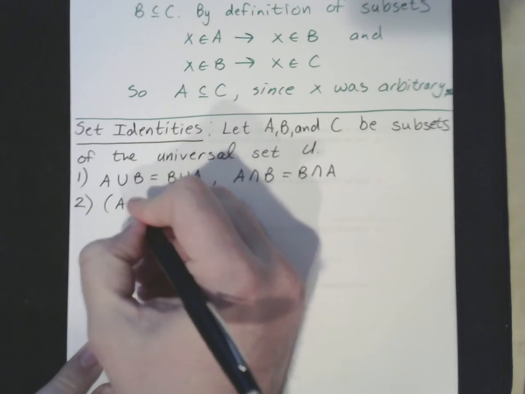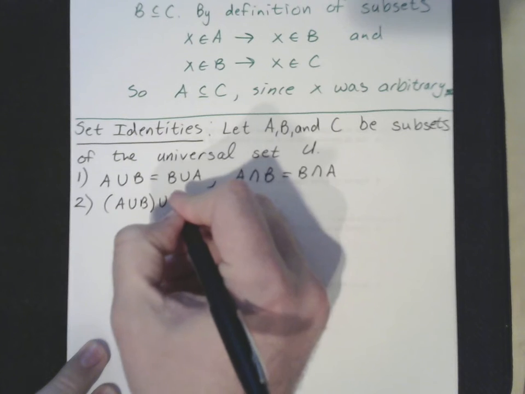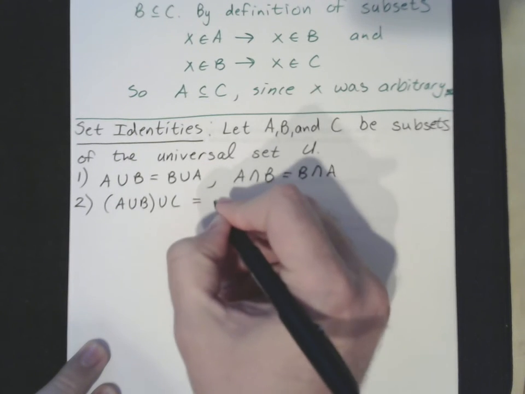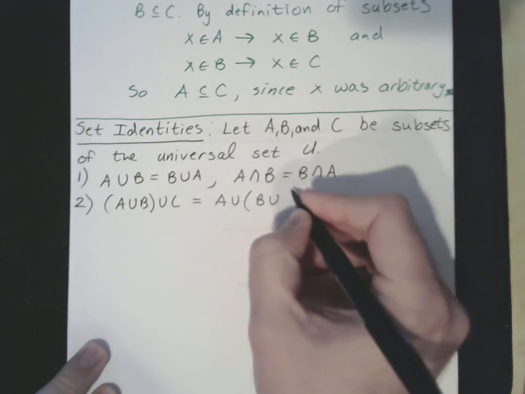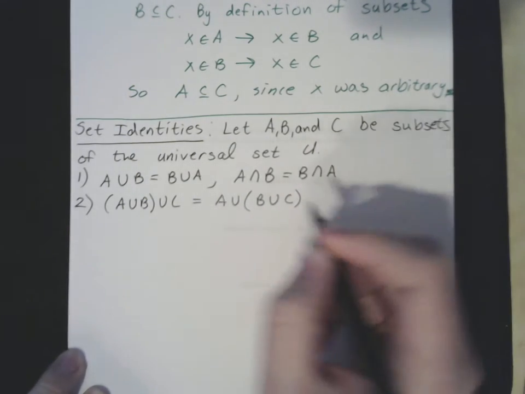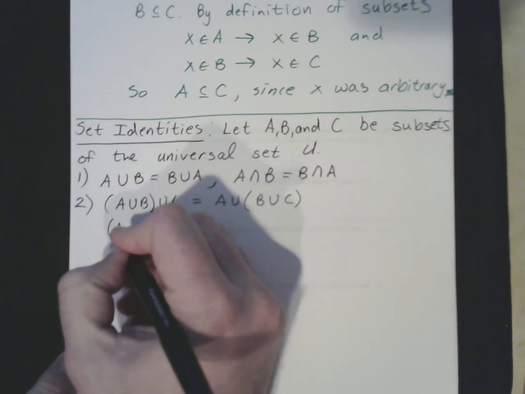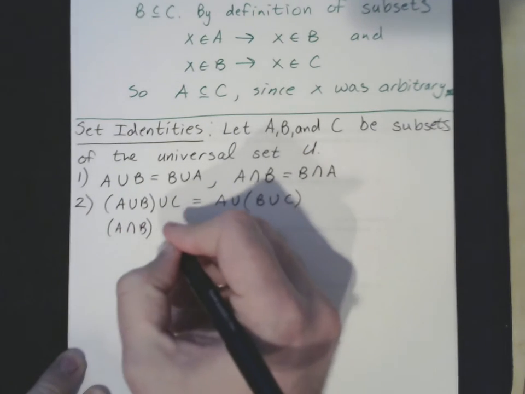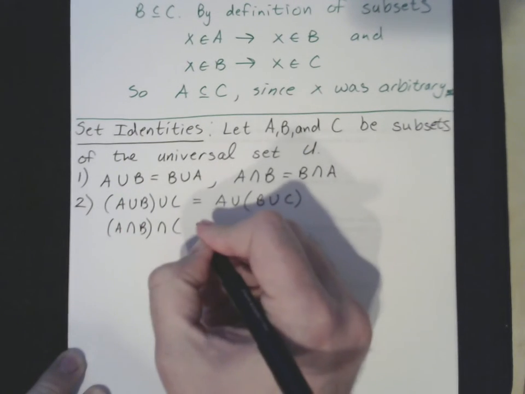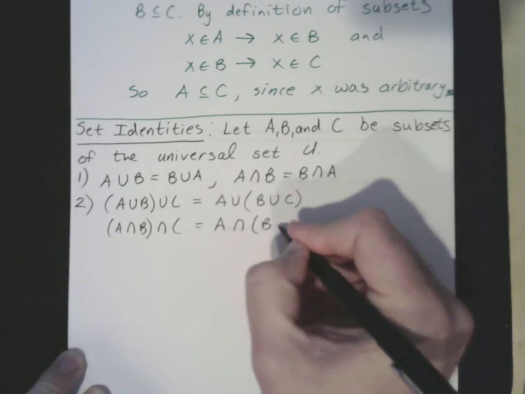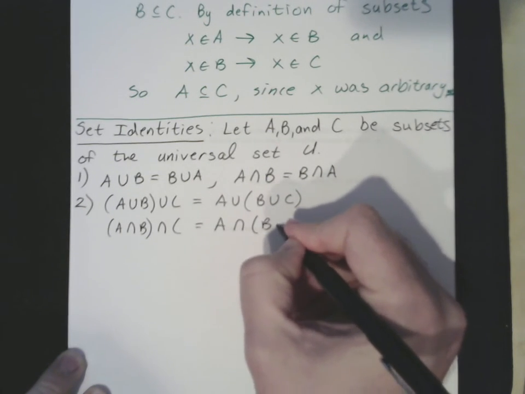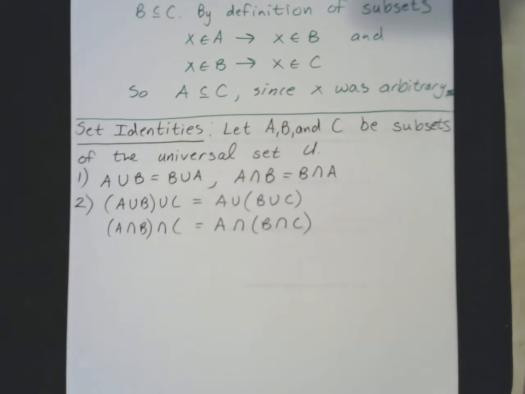The second identity, parentheses A union B union C equals A union, parentheses, B union C, and A intersect B, in parentheses, intersected with C, equals A intersected with the parentheses B intersect C. So this is our associativity property.